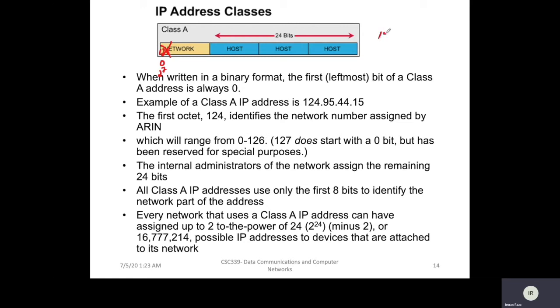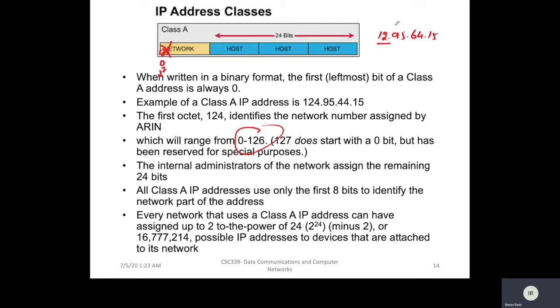For example, if this address is given, 12.95.64.15, this is an IP address of class A. Why? Because I just look at the first octet and see if its value is between 0 and 126.